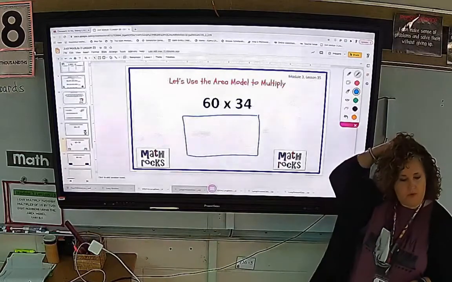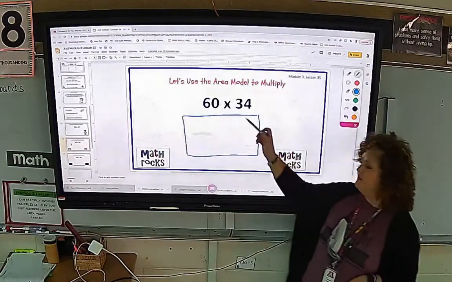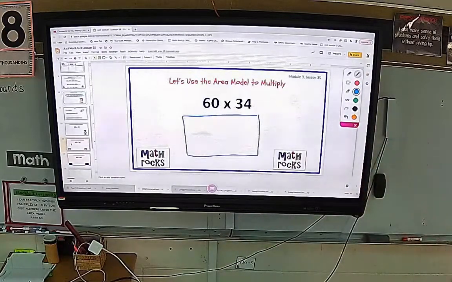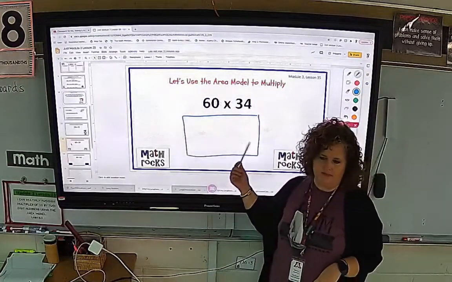Okay, so if you would on your board, at the very, very top, write 60 times 34. So that the problem is on your board. Okay. And go up to the top and write that so that you have plenty of room underneath it. And I do want you to go ahead and draw a rectangle, but guys, don't make it the size of your board.